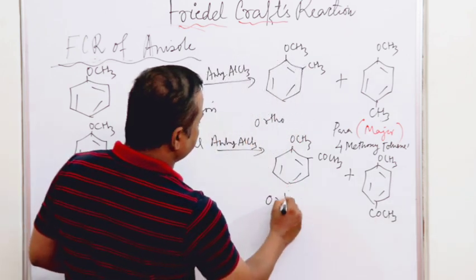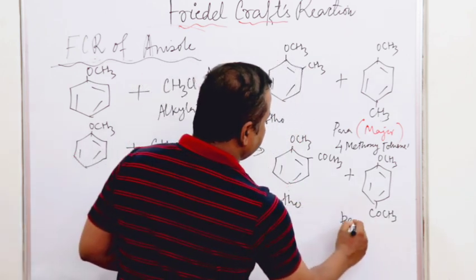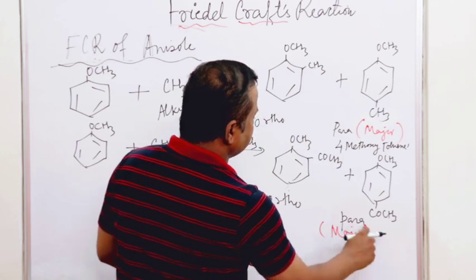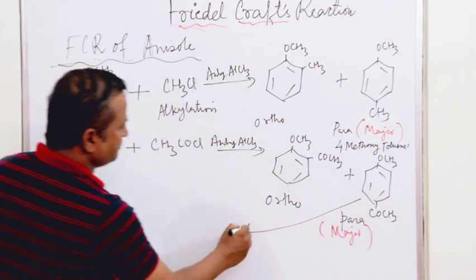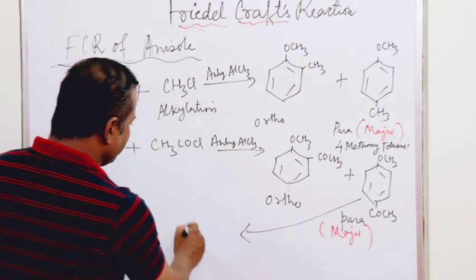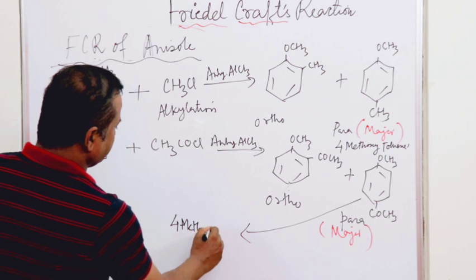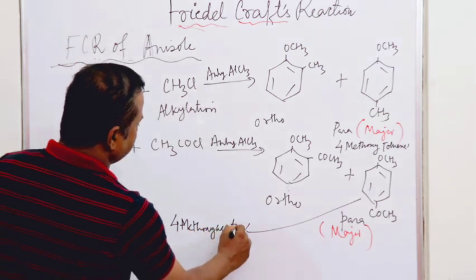This is ortho, this is para, this is major. And what is the name of this? The name of this compound is 4-methoxyacetophenone.